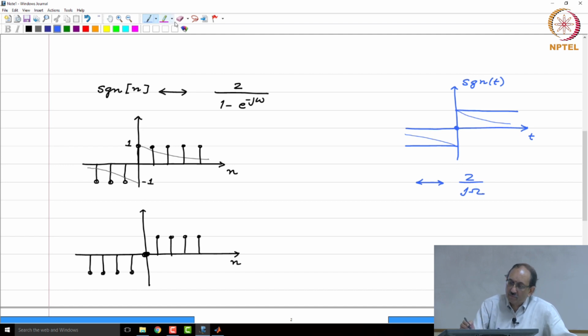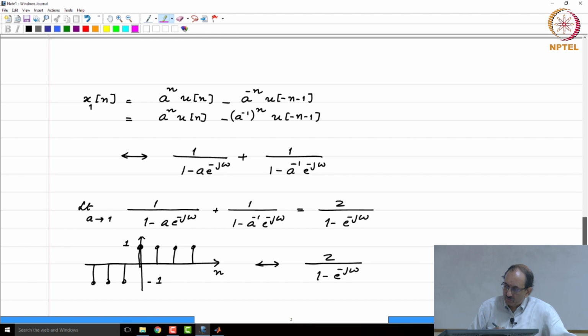This after all is 1 by s plus a, and this also will be 1 by s minus a, right, and then you are going to take the limit as a tending to 0. Rather than s, you would have worked this out in terms of the Fourier transform, it will be 1 by j omega plus a, and then you are going to let a go to 0. So you will get two terms that each of them will be tending to 1 over j omega, therefore you will get 2 by j omega.